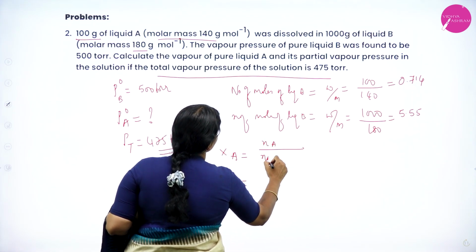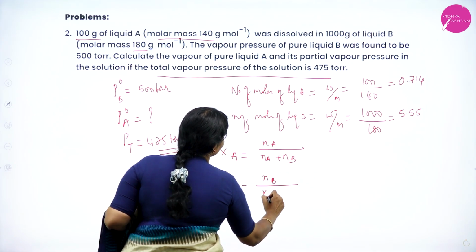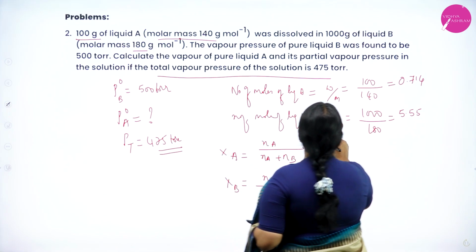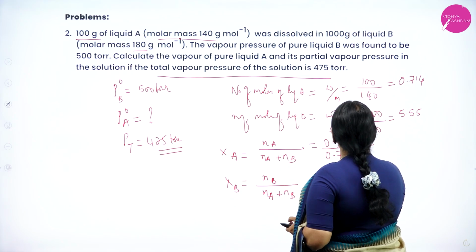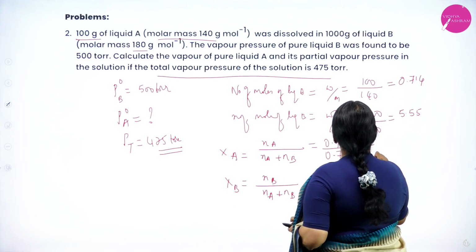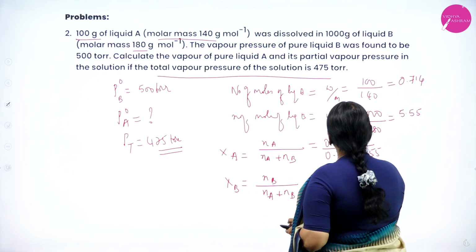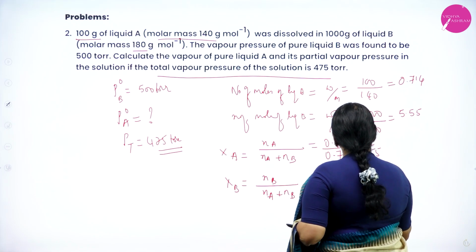XA is NA divided by NA plus NB. XB is NB divided by NA plus NB. XA is 0.714 divided by 0.714 plus 5.55. Here XB is 5.55 divided by 0.714 plus 5.55.